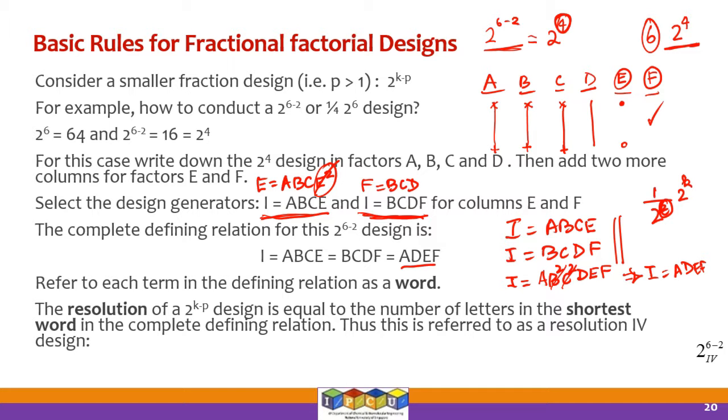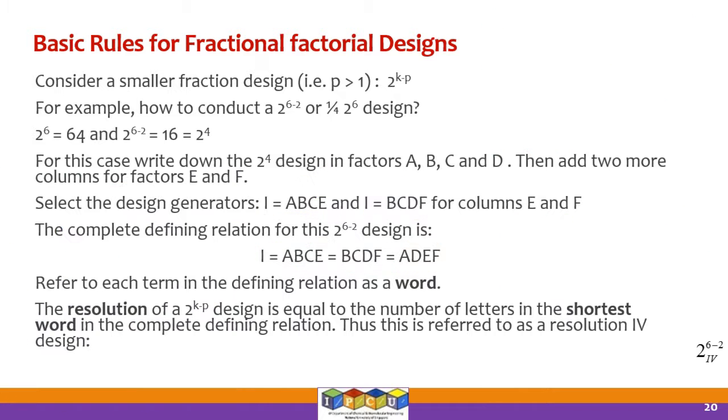So you have the basic design generators that would depend on the p-value. On top of that, you can take those basic generators, these two, and multiply them to get the new defining relationships for the system. So we have these three defining relationships for the system.